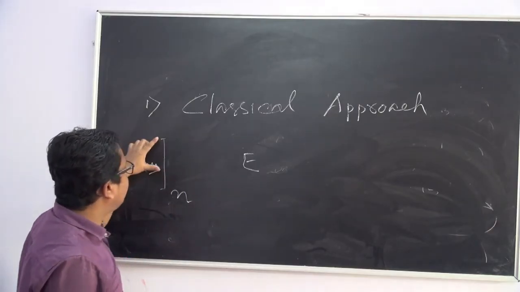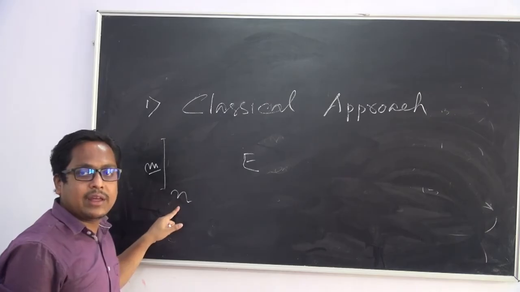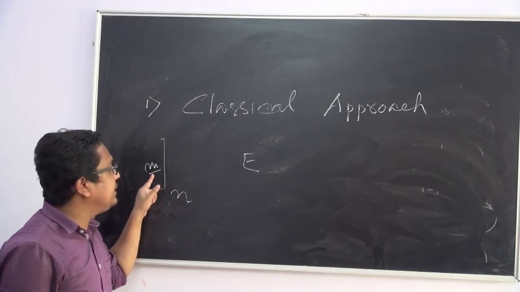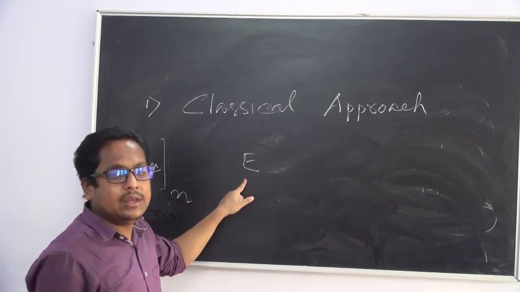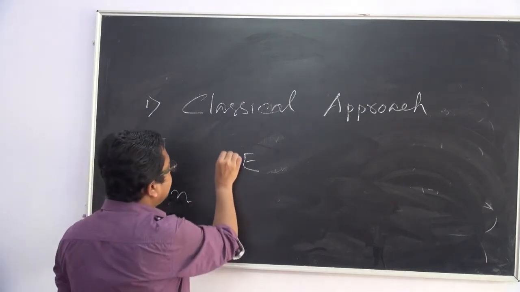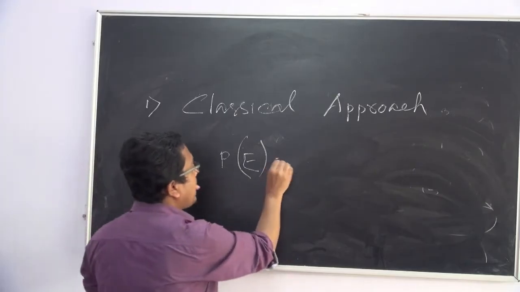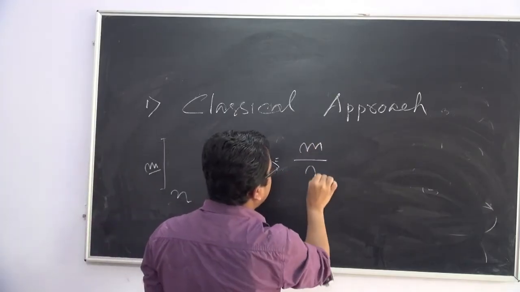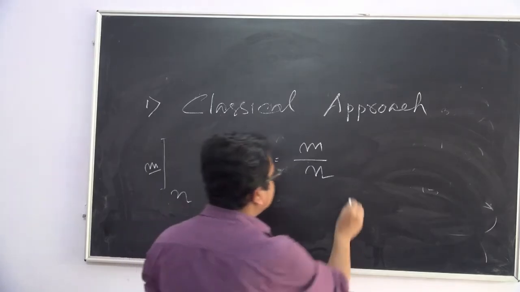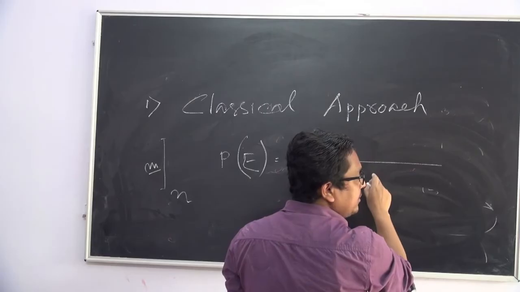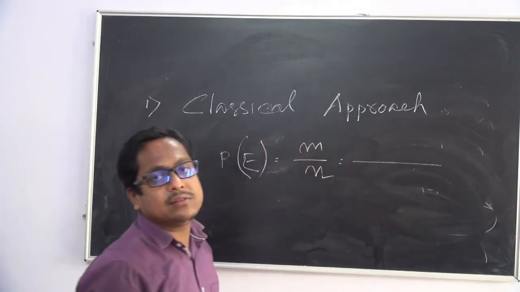If an experiment is conducted in n number of trials, out of which m are favorable for getting any event E, then the probability P for the happening of E is given by m by n. That means the number of favorable cases divided by the total number of cases.